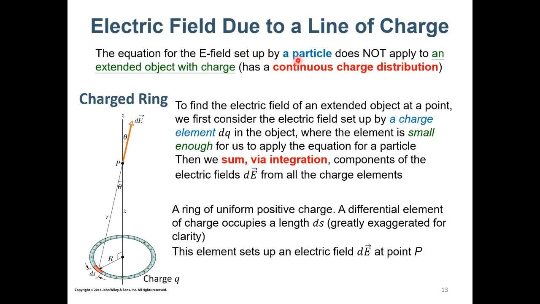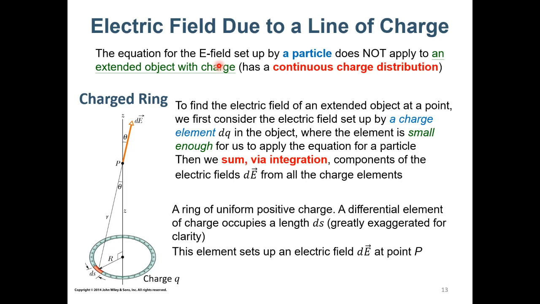The E field set up by a particle does not apply to an external object with charge, which means that for the previous case we've discussed, we have a certain number of charges, one charge, two charges, or several charges, but it is countable.